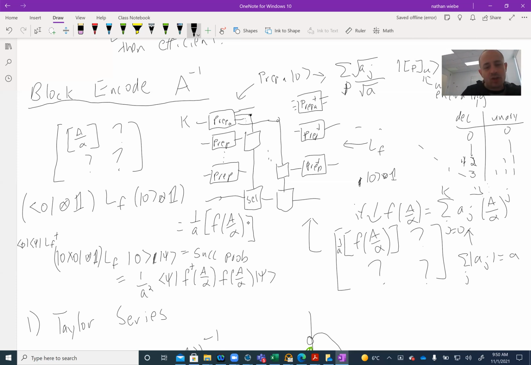Okay, in general, this is hard to figure out because the success probability depends on the input state. So for some states, it's going to have much higher success probability than with others.